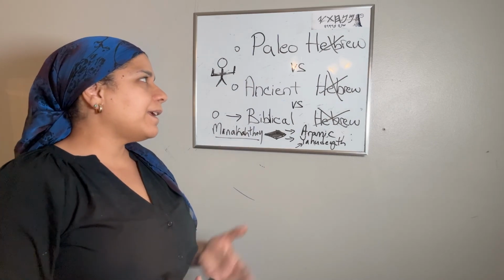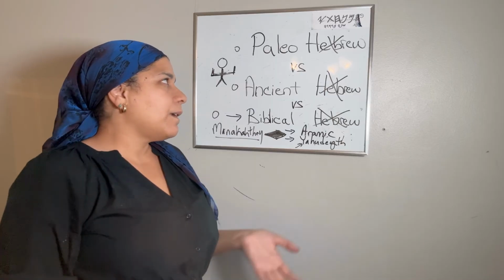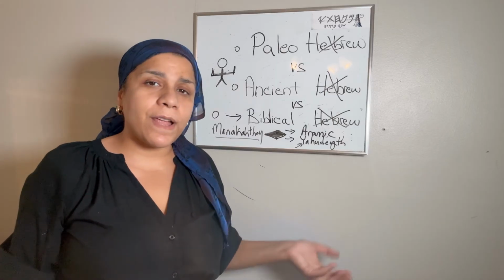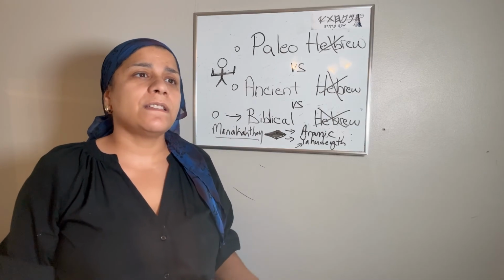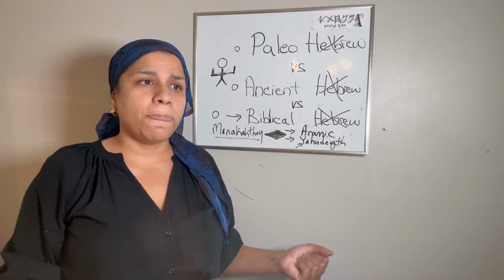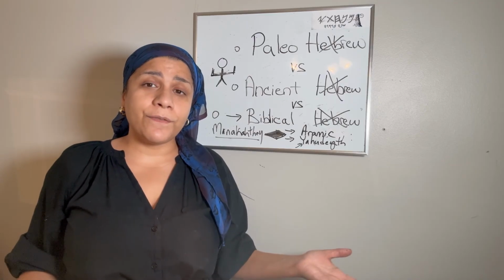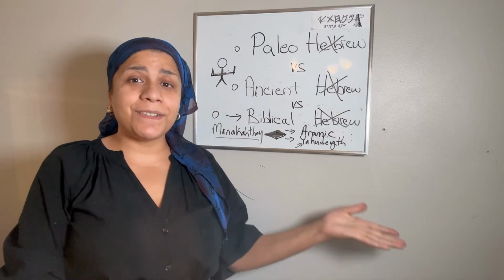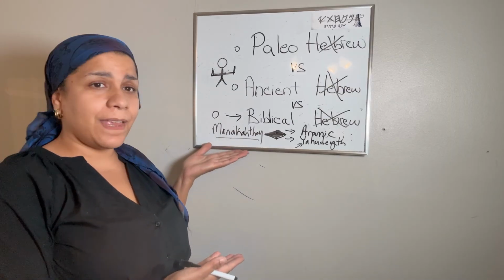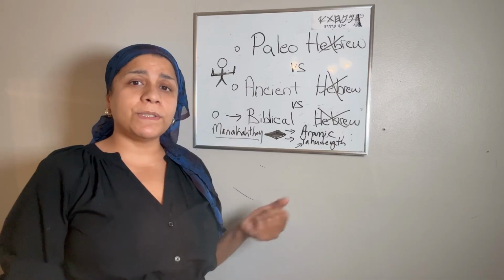Either way, these words are all used interchangeably: ancient Hebrew, Paleo Hebrew, Biblical Hebrew. They're all trying to find the origin of Hebrew, the very pure essence of Hebrew. And the answer is Manakati.